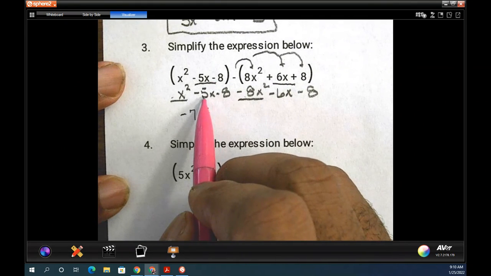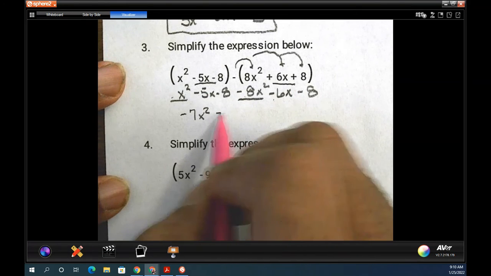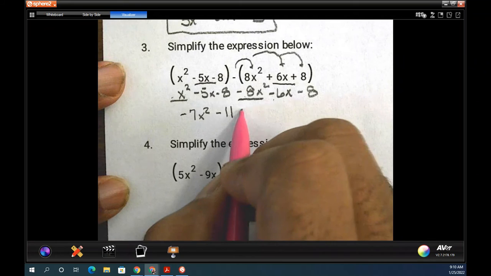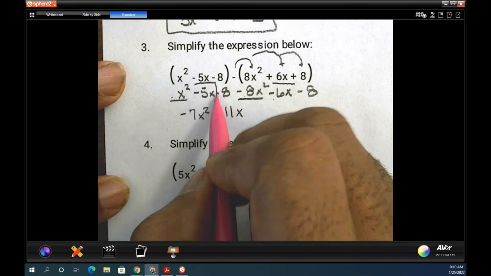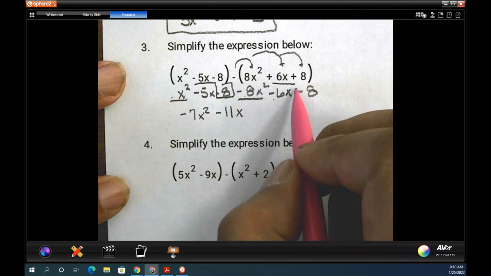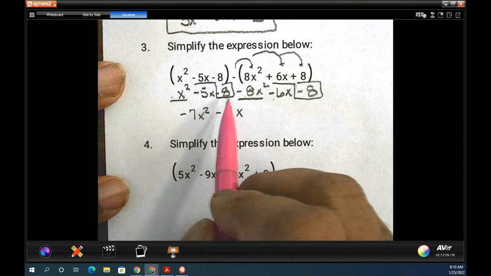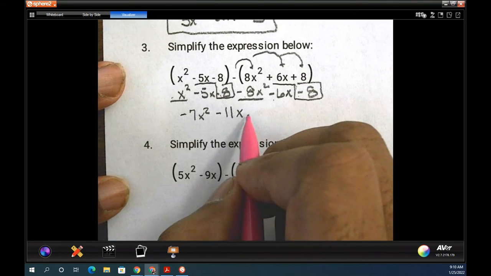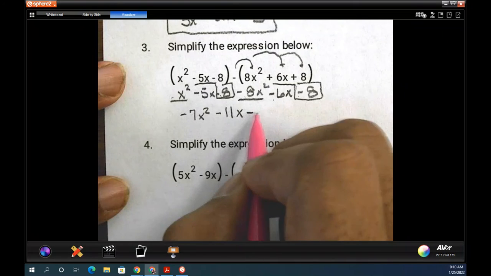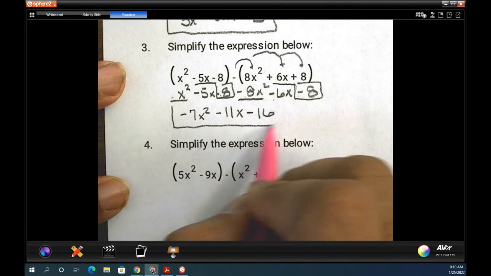In your calculator, -5 minus 6 gives you -11, so it's -11x; don't forget the variable. Then you have -8 and negative 8. It's not 0. Negative 8 minus 8 is negative 16, so we write that as minus 16. There's your answer right there.